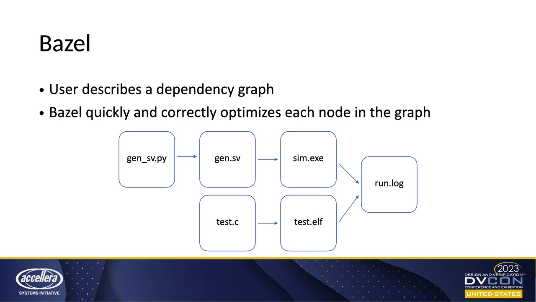And the build graph visualized might look something like this. This could be a build and simulation flow for running a smoke of a single test. Say you have a Python file that generates a SystemVerilog file that is then compiled into a simulation executable.